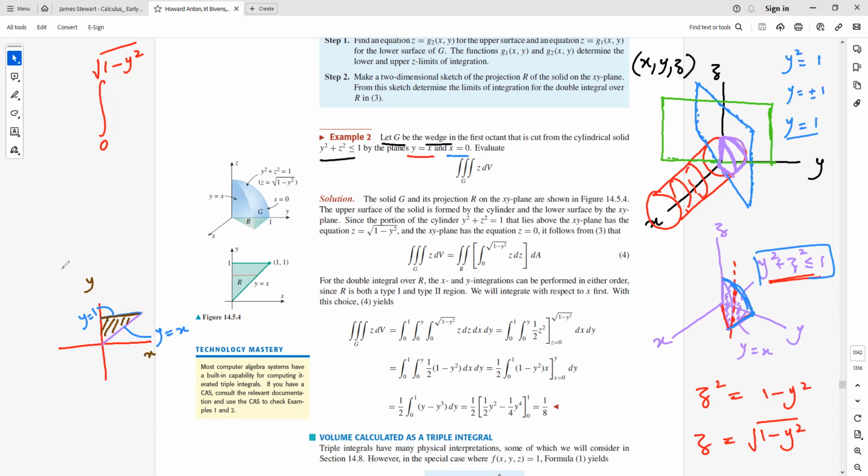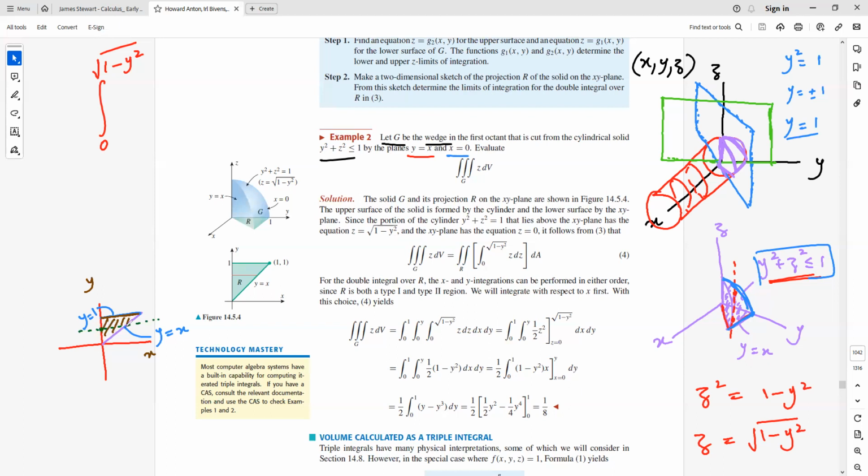Now we can find the limits in the x direction first and then the y direction, or the y direction and then the x direction. Let us find it for the x direction first. So we draw a parallel line to the x-axis.